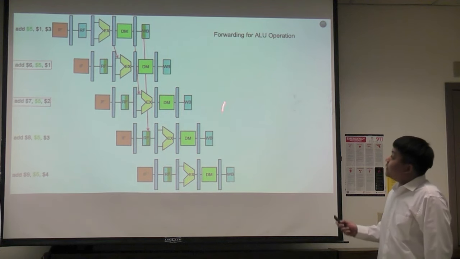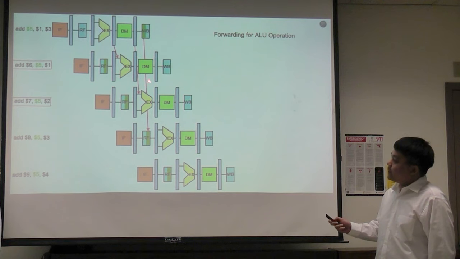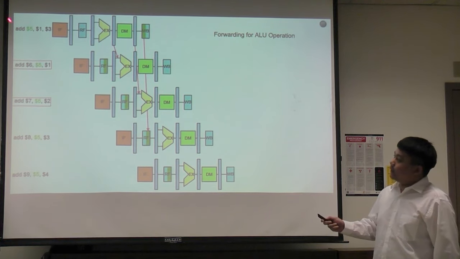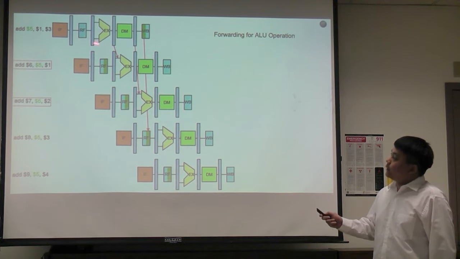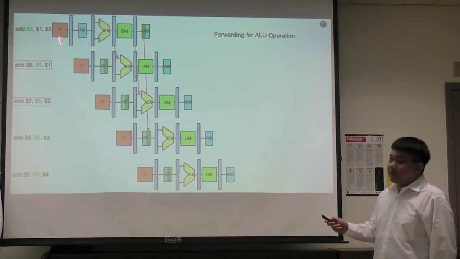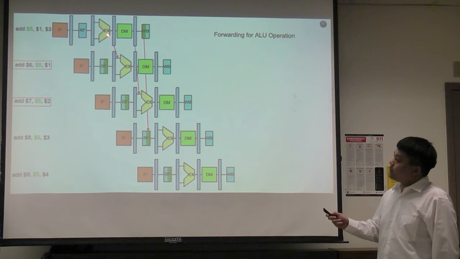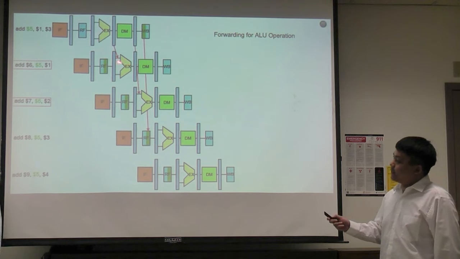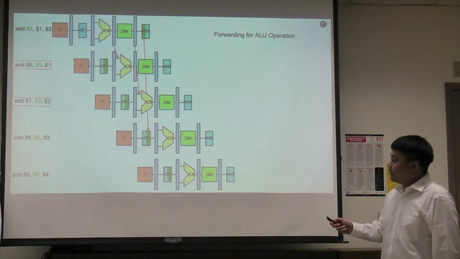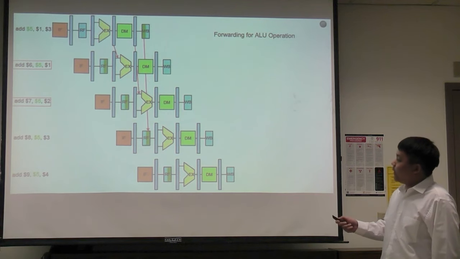So what we do instead is we forward from the pipeline registers. Because we're doing pipelining, the data of register 5 can be found in this pipeline register after this execution phase. Using that to our advantage, we can forward from this pipeline register to the execution phase of this instruction, and likewise this pipeline register to the execution phase of this instruction. In doing so, we resolve our data hazards.